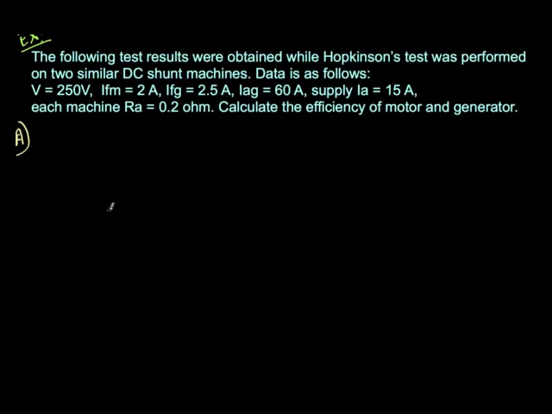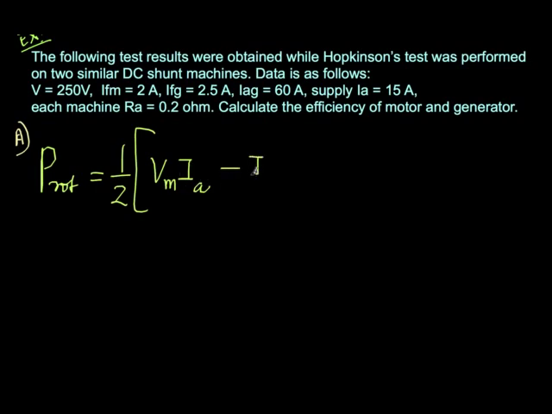Now the first order of business is to find the rotational losses. So rotational losses will be nothing but half of main supply voltage into the armature current given to both the armatures, minus the motor armature current square into RA, minus the generator armature current square into RA.